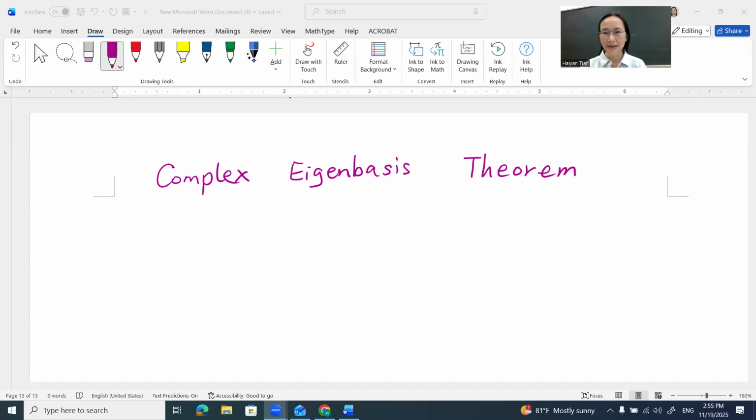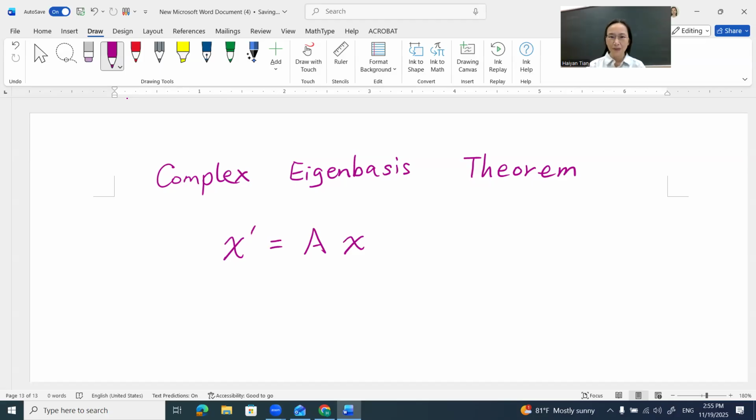Complex eigenbasis theorem. The purpose of the theorem is to solve a linear system of equations of this form. Here, A is a constant coefficient matrix, and it is real valued.